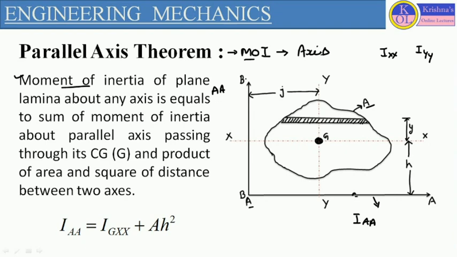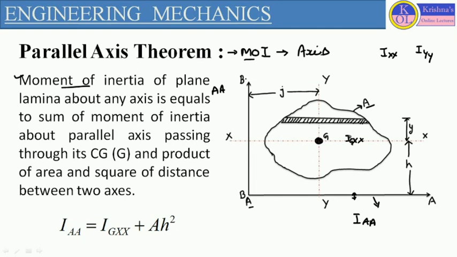So from this axis AA, which axis is parallel? XX axis is parallel and it should be passing through the center point. It should be passing through CG or centroid. So this XX axis is passing through the centroid. About this particular axis which is passing through the centroid, we have to define the moment of inertia.